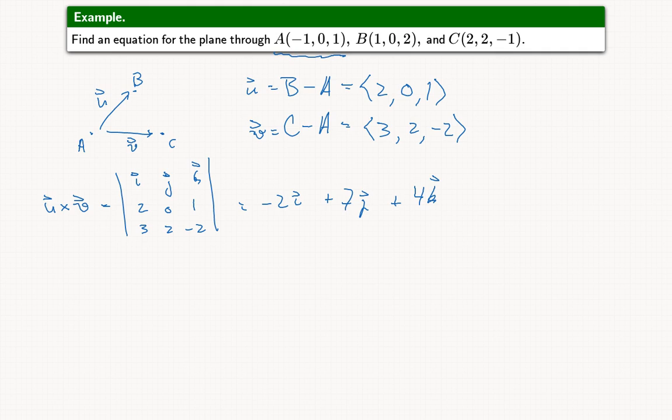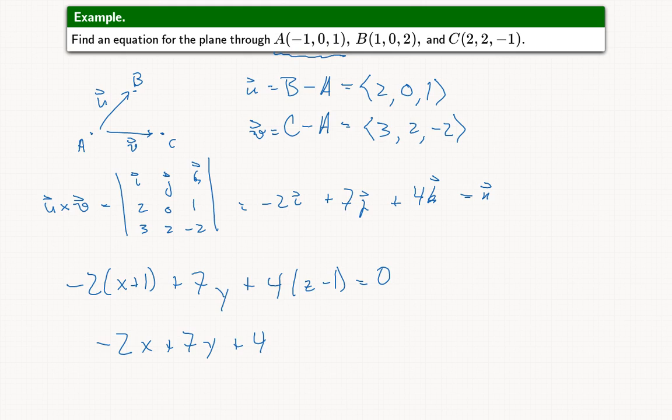This is what we take to be our normal vector. So now the equation becomes negative 2(x plus 1) plus 7y plus 4(z minus 1) is equal to 0, or negative 2x plus 7y plus 4z is equal to 4 minus 2, which is equal to 6.